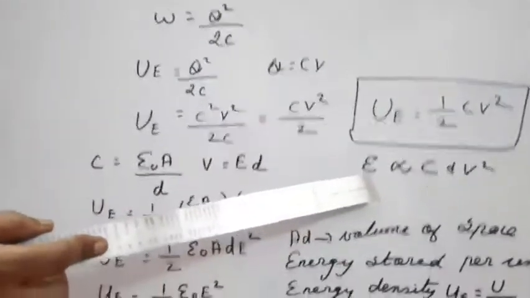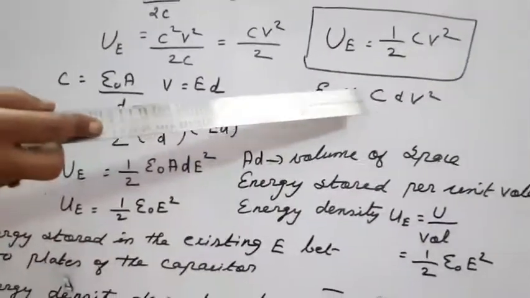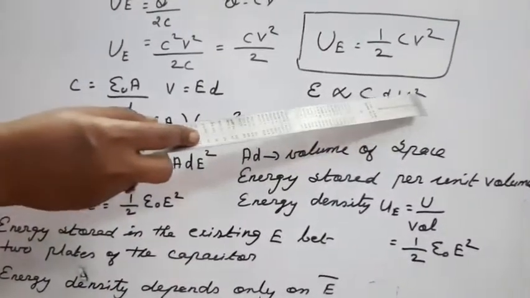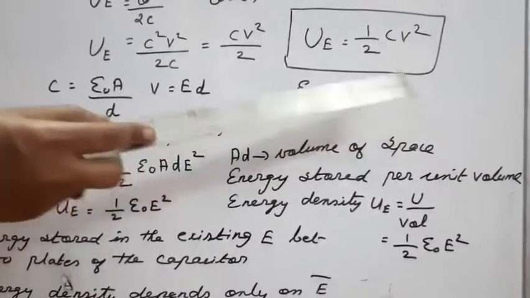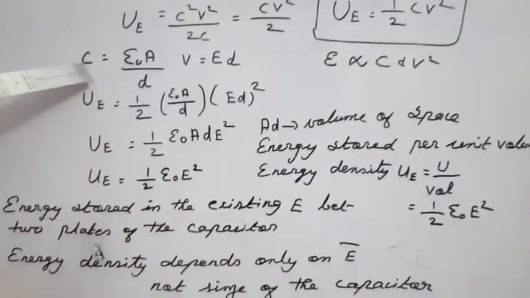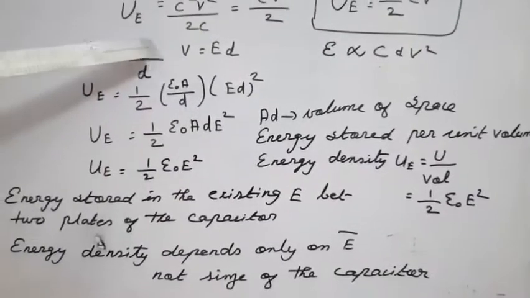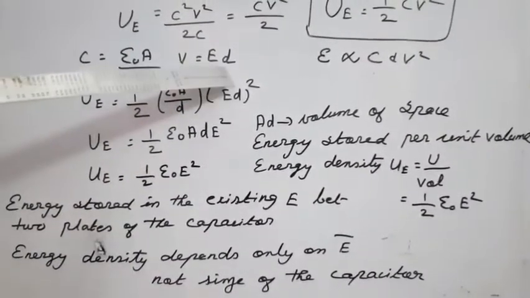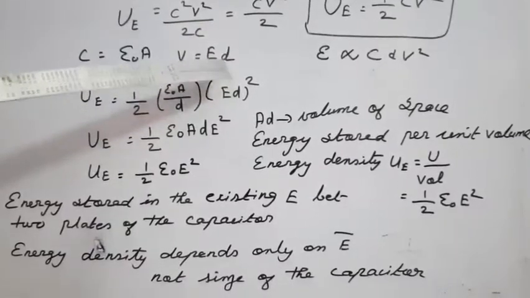The energy stored in the capacitor is directly proportional to C and the square of the potential between the plates of the capacitor. Now the capacitance C is equal to epsilon naught A by d, and the potential V is equal to the product of E into d.